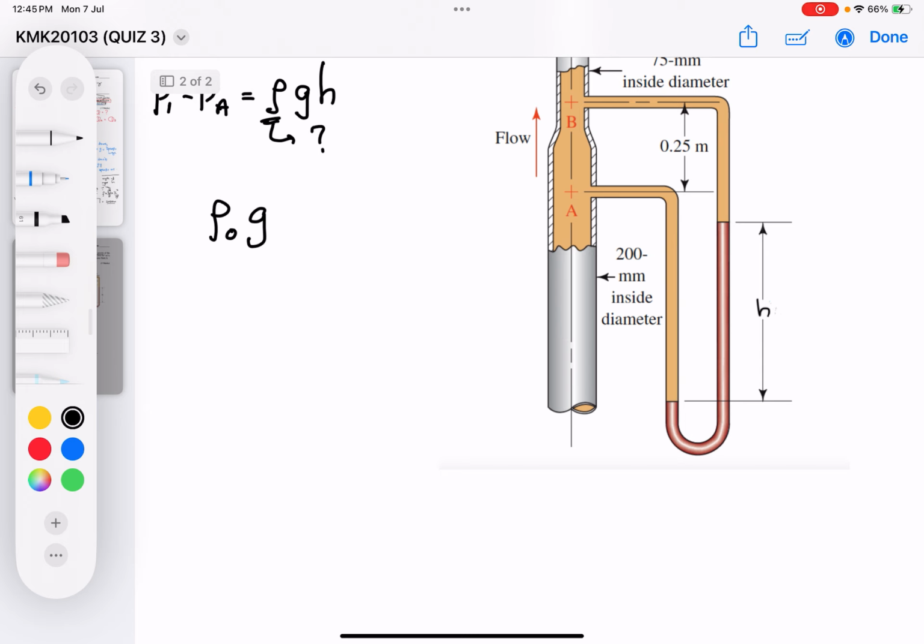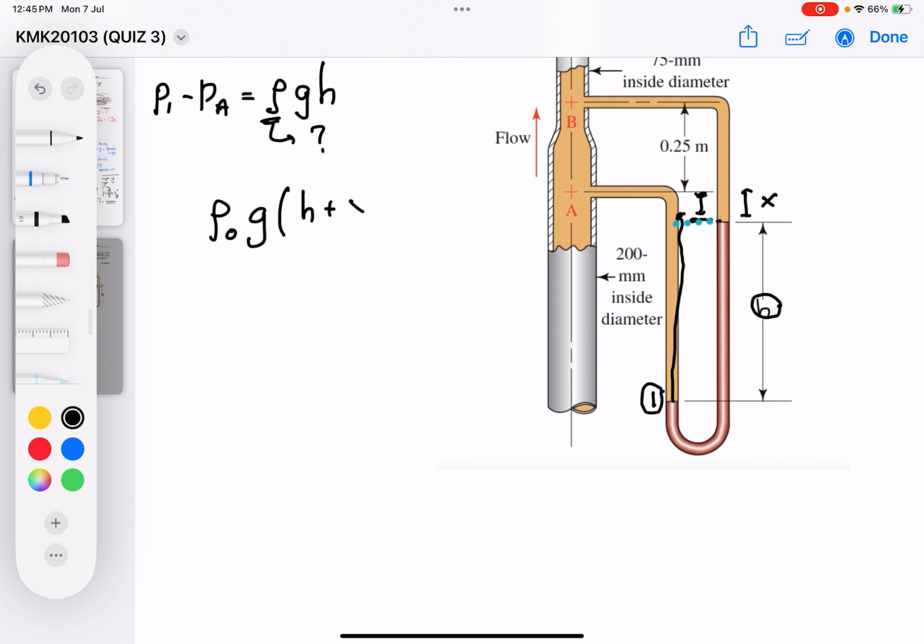To calculate the height difference, I should move from here upwards up to this point. It was labeled in the diagram as h, therefore I'm going to write h. But then I still have another distance from here to here. It isn't labeled, so let's label it as x. Let's assume that the height between this point and this point is x.